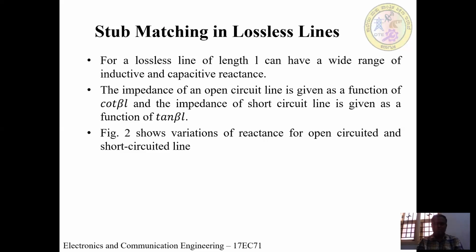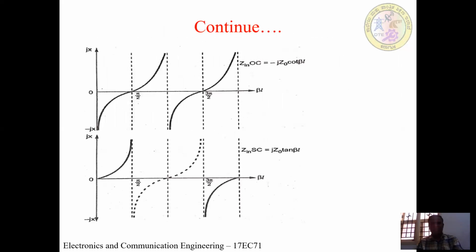Whether we take an open circuit line or a short circuit line, you can see that this is open circuit, and this is short circuit. The open circuit is a function of cot beta L, and the short circuit is a function of tan beta L. Whenever you have cot 0, you know that it is maximum, and whenever it is pi, it is infinity.